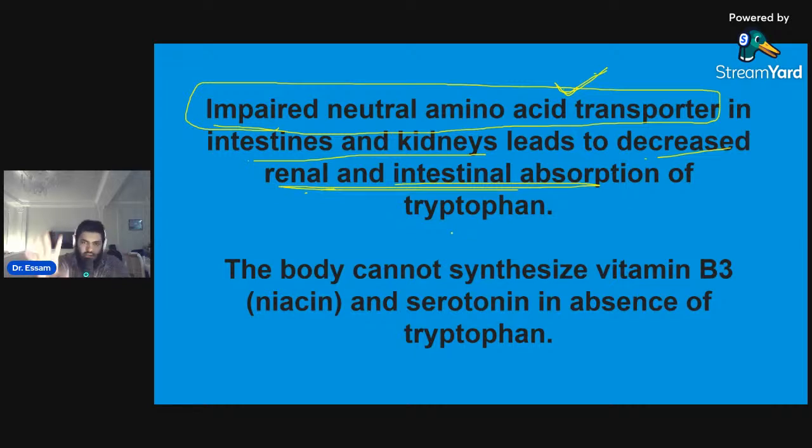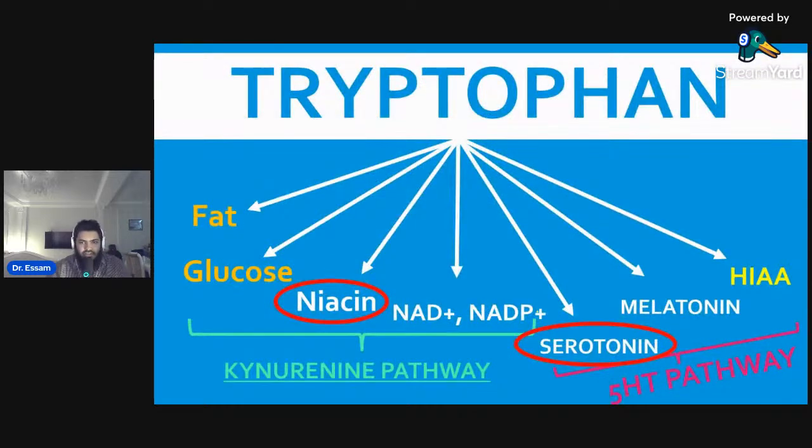This is just the text of what I explained verbally. So because tryptophan is reduced, vitamin B3, which is actually niacin, and serotonin will also be reduced. And because of this, we will be seeing all those symptoms.